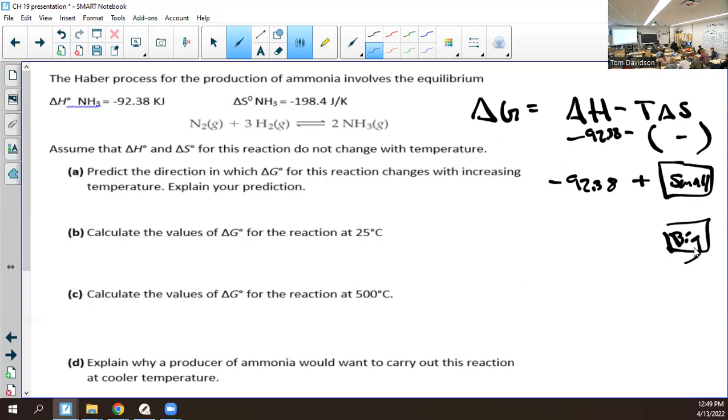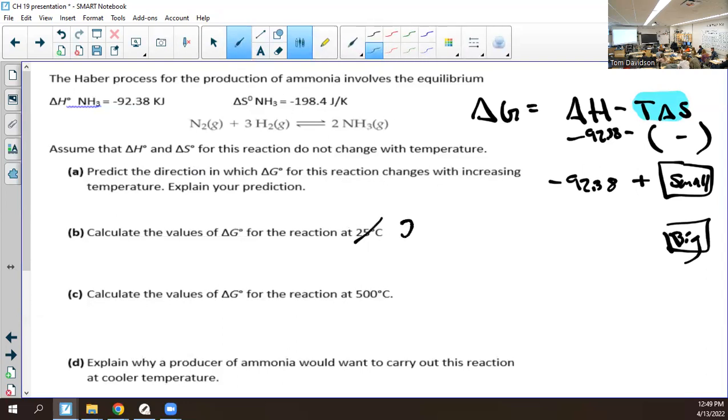So it's all about what this term multiplied turns out to be. And since it was negative, we really add, which means it gets more positive. Okay, then we're going to calculate these values for delta G naught at 25 degrees Celsius, which is not 25 degrees.